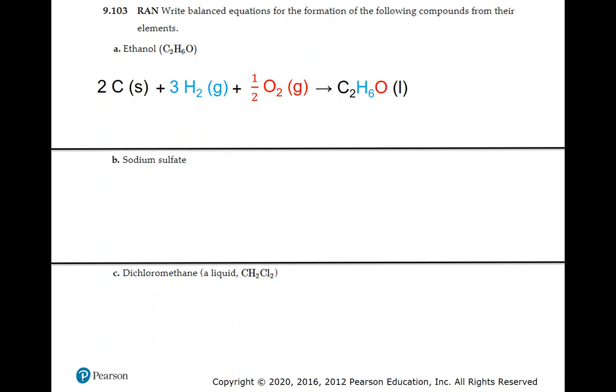Next, let's look at part B, which is sodium sulfate. Now, sodium, of course, forms +1 cations when it forms compounds, and as you hopefully remember from the polyatomic ion chart in chapter 2, sulfate is one of the most common polyatomic ions. It has formula SO4 and a charge of 2-, and so we're going to need 2 sodium cations for every 1 sulfate ion.